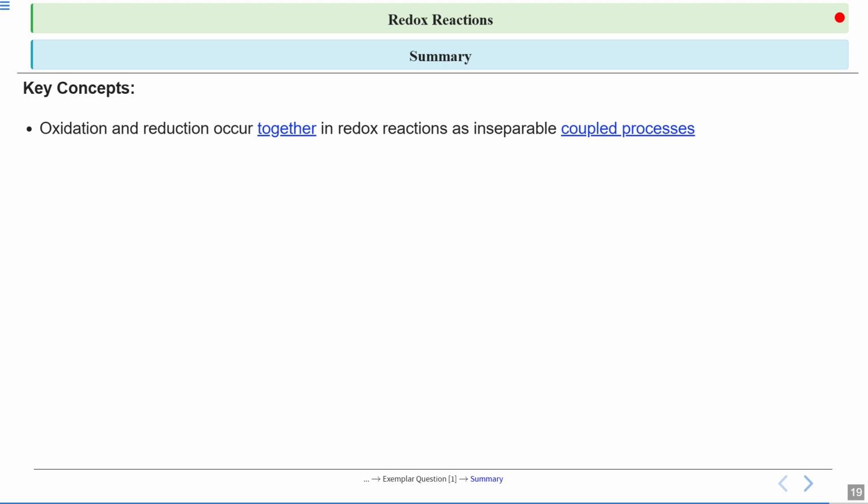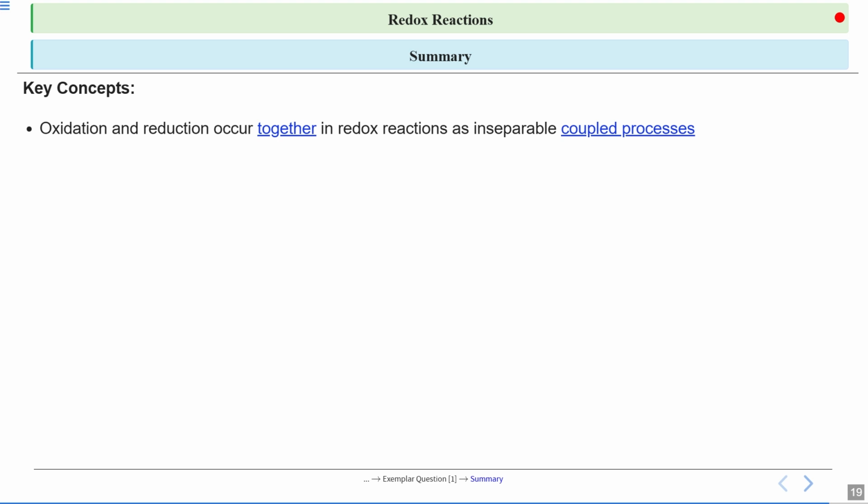Because if in a reaction there is loss of electrons taking place, then it is obvious that those electrons would be gained by another species. And hence we say that a redox reaction is an inseparable coupled process.